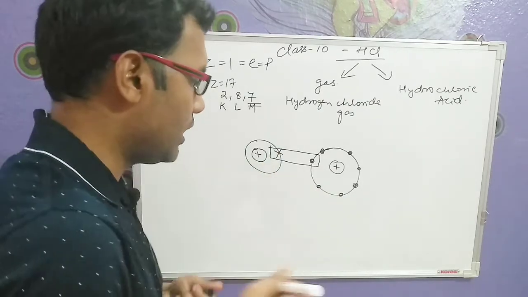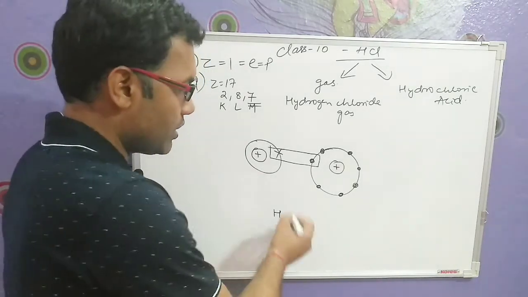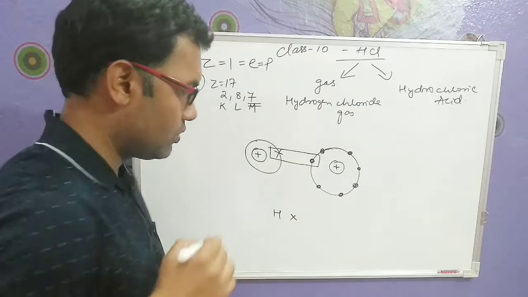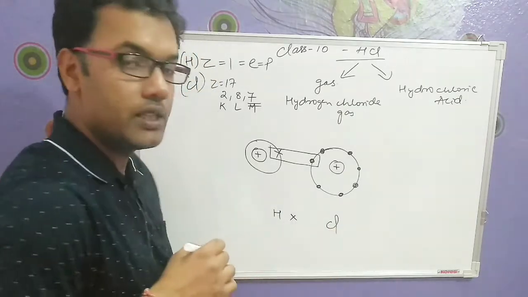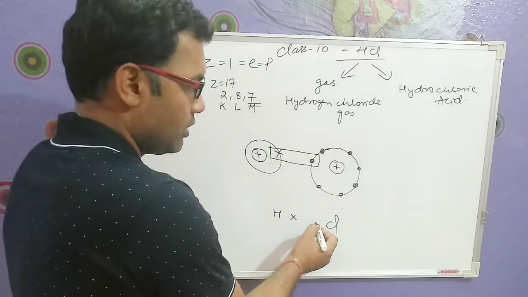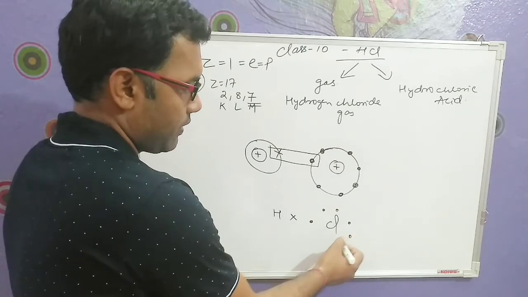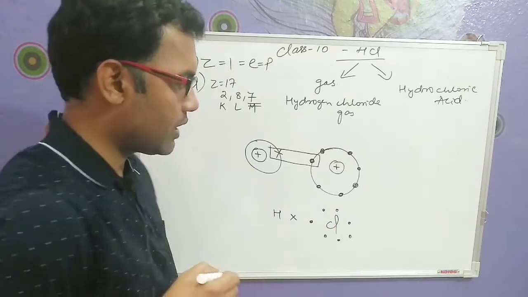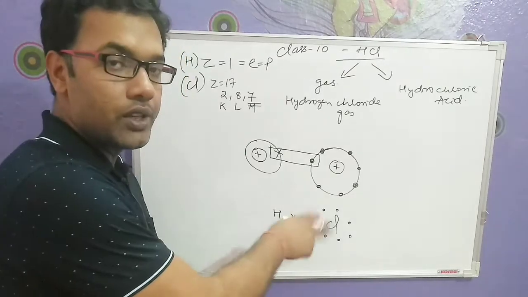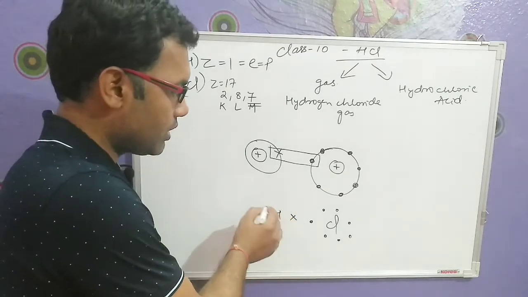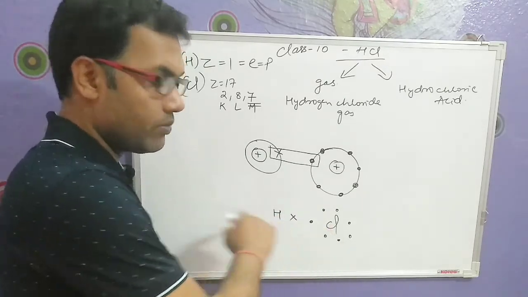Now another structure which we can draw: I'll write hydrogen here. Hydrogen has only 1 electron, so I'll draw it here. Now chlorine, we all know it has 7 electrons in the valence shell, so I'll draw 7 electrons here. Okay, as we can see, 7 electrons are there. Now this is another way of drawing the atomic structure. Now see here, this hydrogen requires 1 electron, so it will take from chlorine.